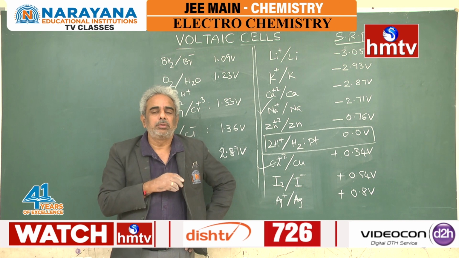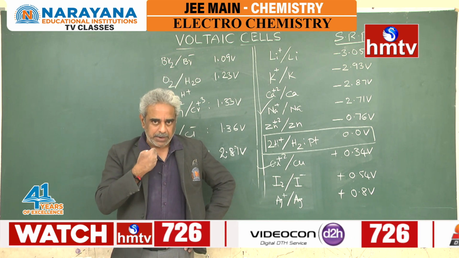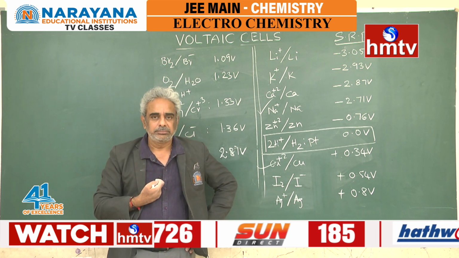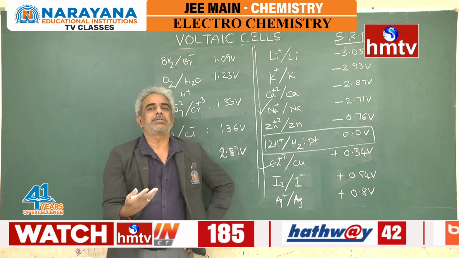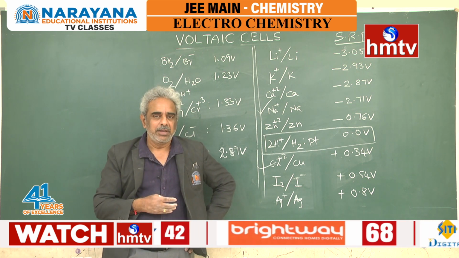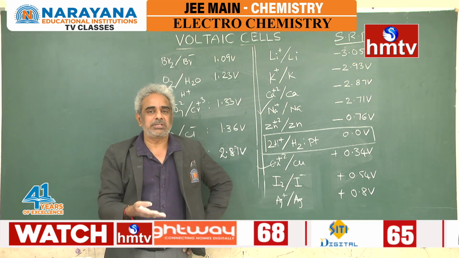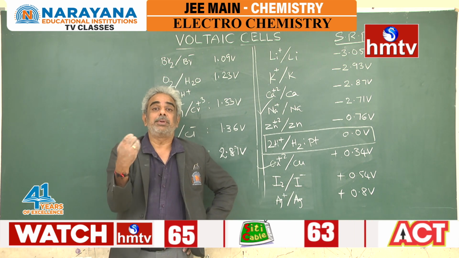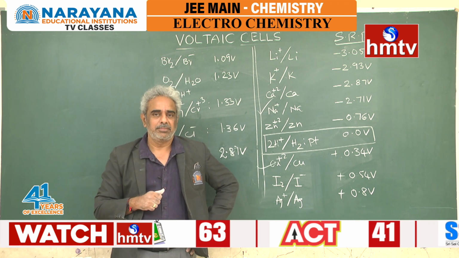What do you conclude? A metal that can easily undergo oxidation is a better, superior metal. We expect a metal to undergo oxidation easily. A metal should lose electrons easily, provide electrons to other species, and be a better reducing agent.